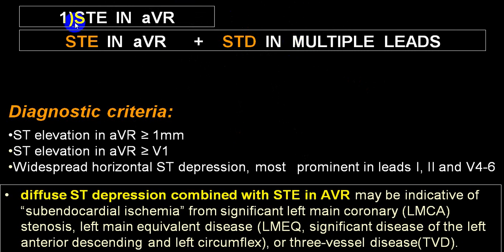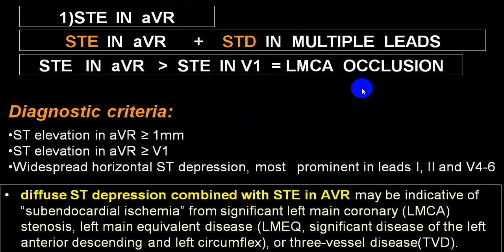So if you get an ST elevation in AVR and you got an ST depression in multiple leads, always suspect left main stem coronary artery involvement, LAD proximal involvement, or triple vessel disease. As well as if you get an ST elevation in V1 simultaneously, and if AVR is taller than V1, ST depression in multiple leads, again same criteria.